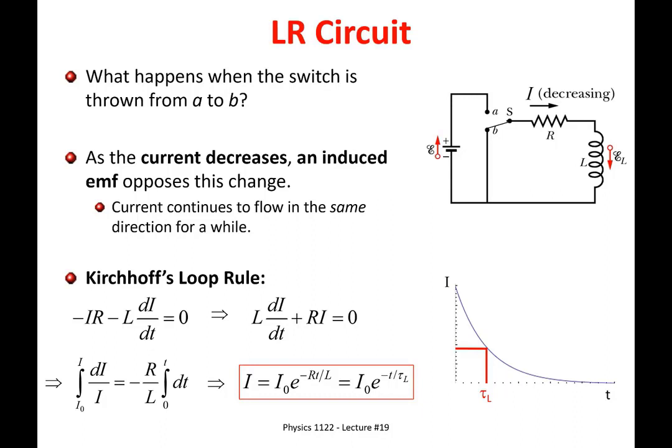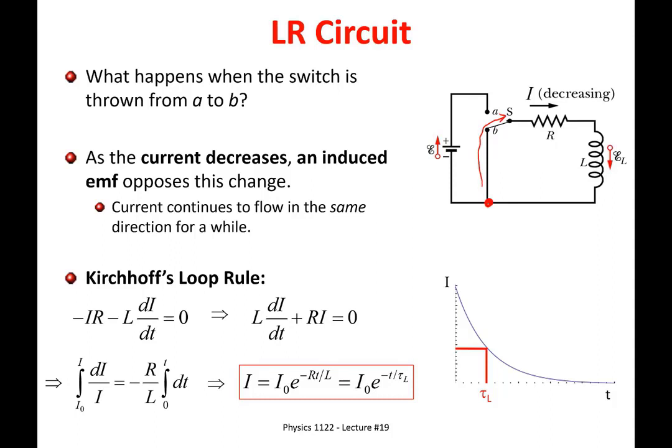And to analyze the time dependence of the current in this case, we would again apply Kirchhoff's loop rule to this new circuit, starting at the red dot and moving in the direction of the current flow, so moving clockwise around the loop.